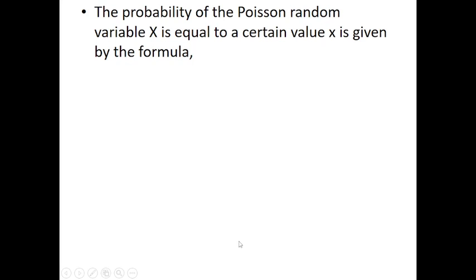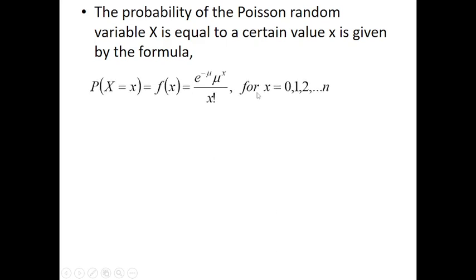Here we have the probability of the Poisson random variable x equal to a certain value x, a specific value, given by the formula.